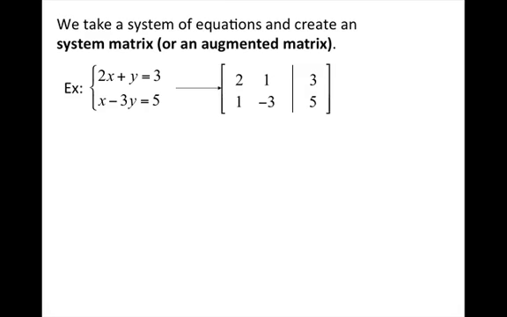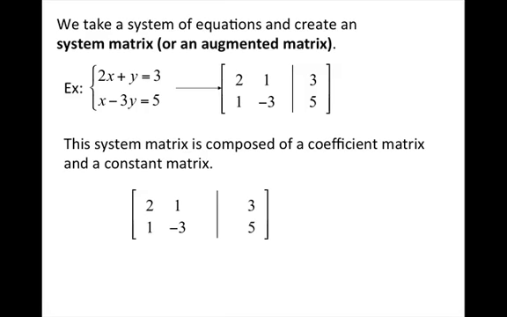Well, my system matrix is going to look like this. Inside the matrix, my first row is a 2, 1, and then I have a vertical bar and I have a 3. My second row is 1, negative 3, and then I have a vertical bar and I have a 5.